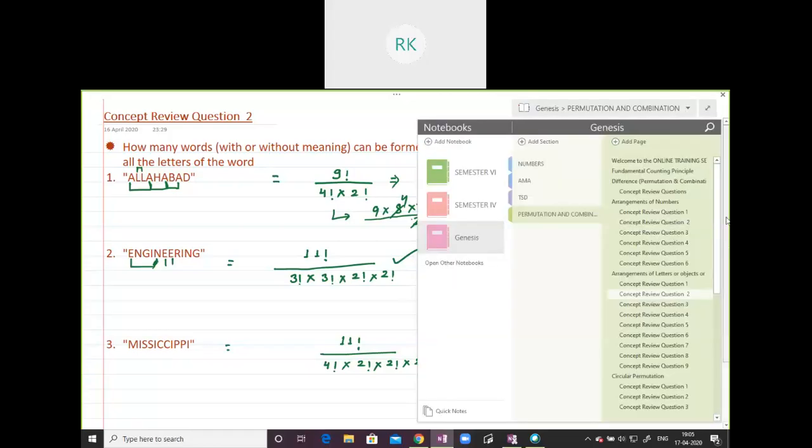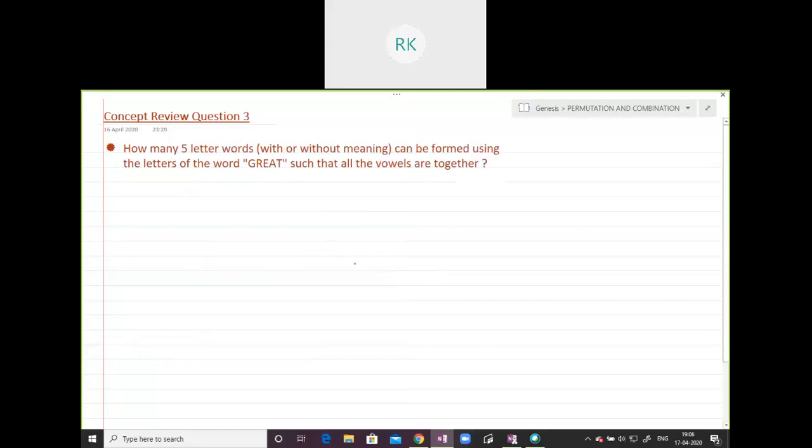Here we go for the next one, number 3. The vowels are together. Tell me the answer for this. How many 5-letter words can be formed using the letters of the word GREAT such that all the vowels are together?